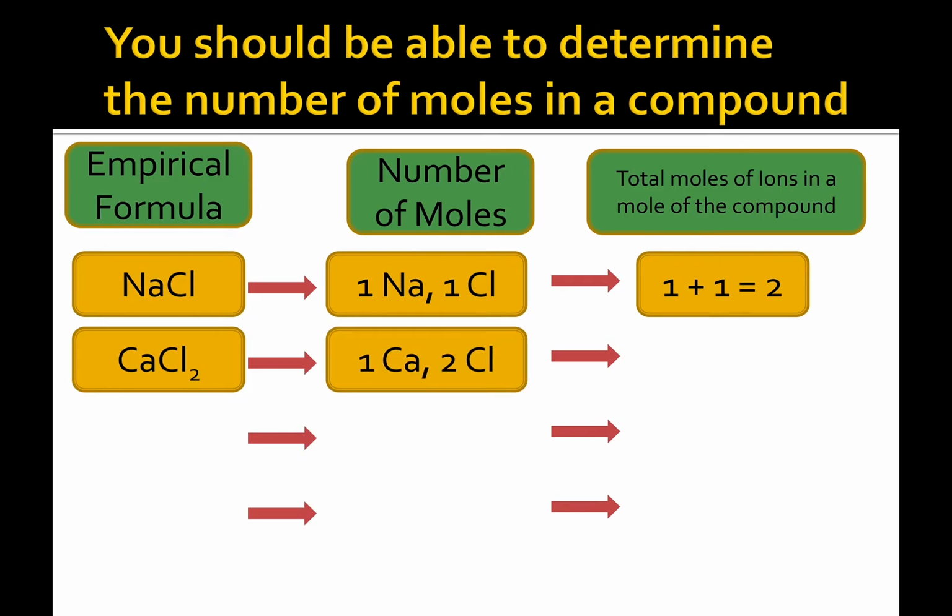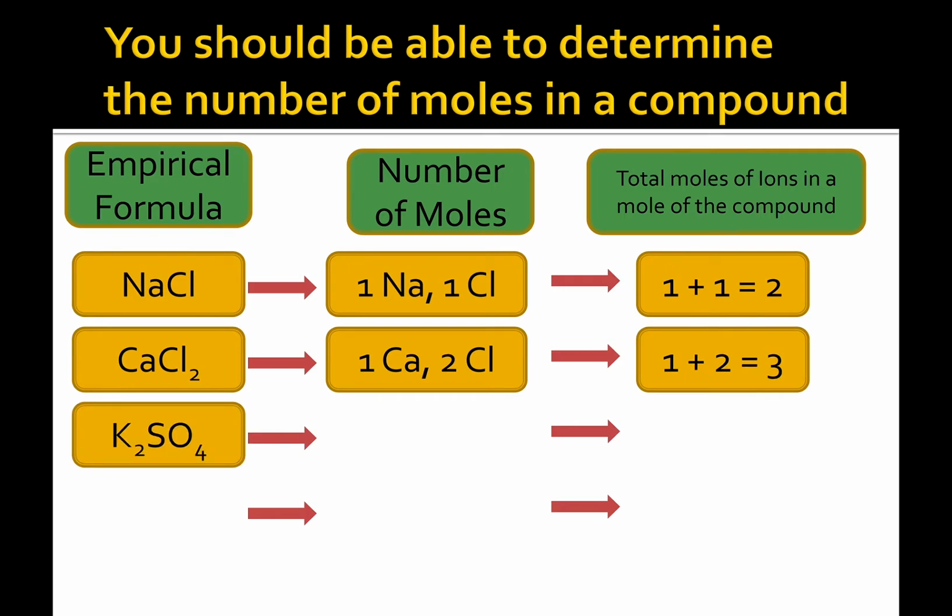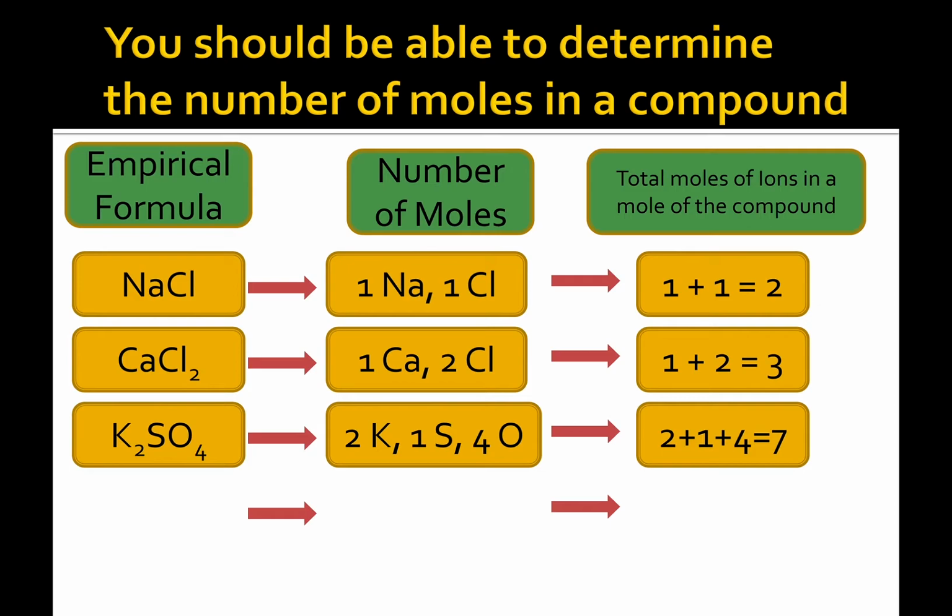CaCl2, we have 1 calcium and 2 chlorines. That would give us a total of 3 moles of ions. Feel free to pause this and try these in between here. K2SO4, potassium sulfate. We would have a total of 2 potassiums, 1 sulfur, and 4 oxygen, for a total of 7 moles of ions.